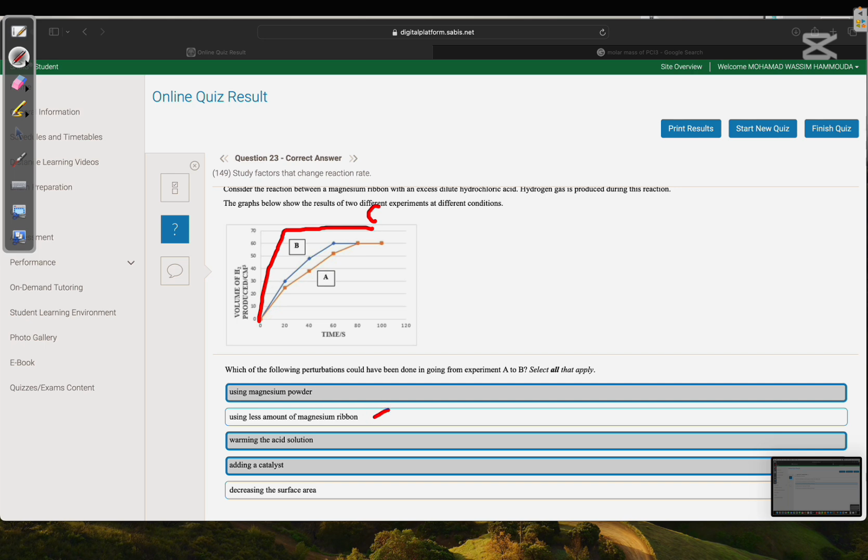Using less magnesium ribbon is not correct, because the graph would be less. Warming the acid solution is increasing temperature. Adding a catalyst as well works, it's basically an enzyme. And decreasing the surface area is basically the opposite of using magnesium powder. So yeah. Okay.